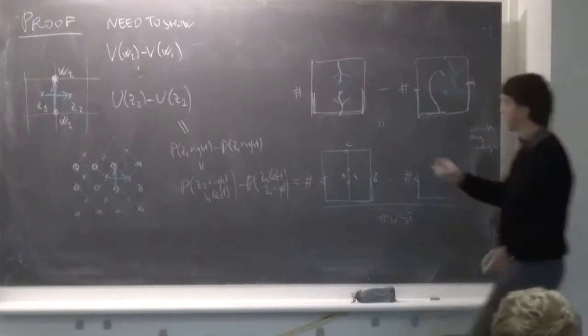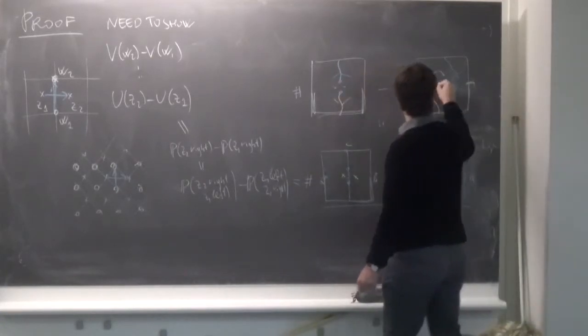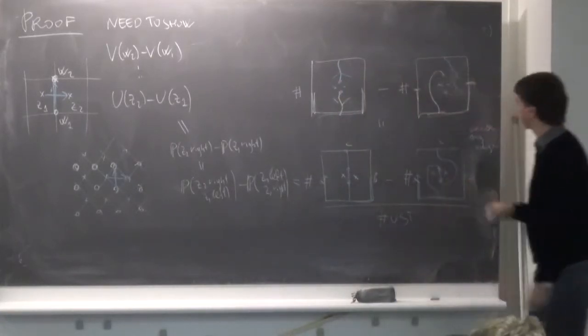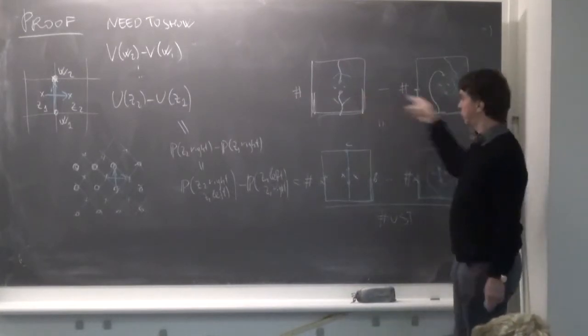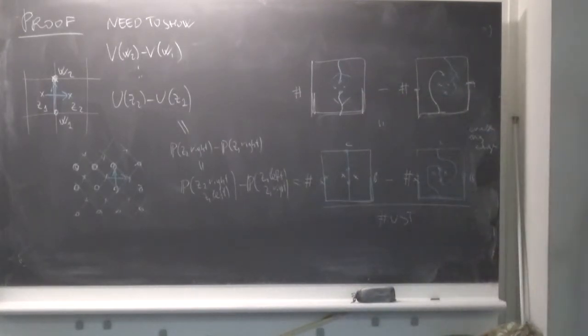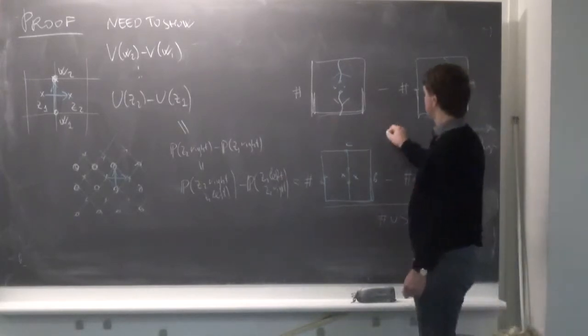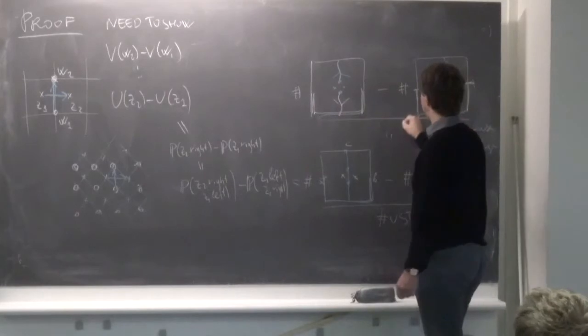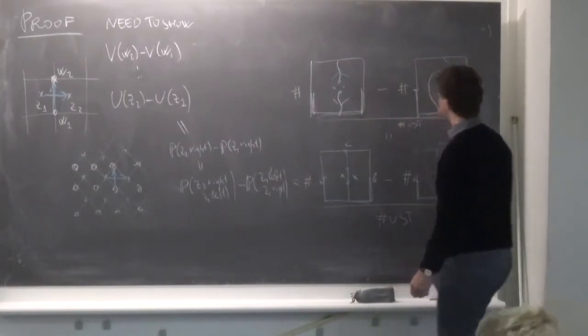So what I did, I just erased this edge, and that's it. So those are now these double forest configurations. I still divide by the total number of USTs.